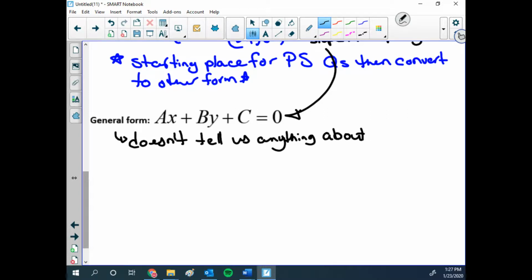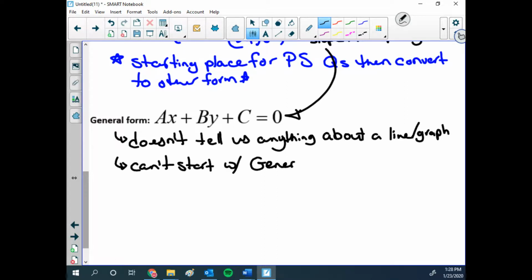It doesn't tell us anything about a line or a graph. So this isn't a starting place. You can't start with general form. You need to convert to general form. You must convert.